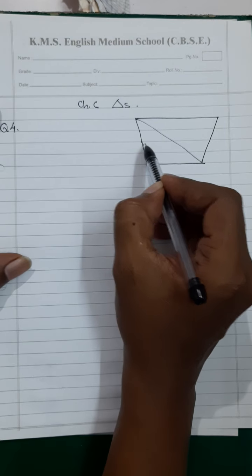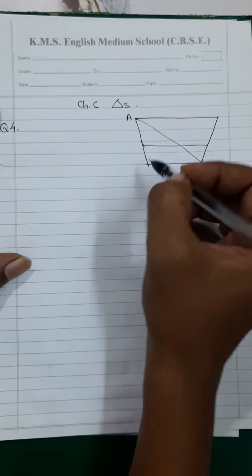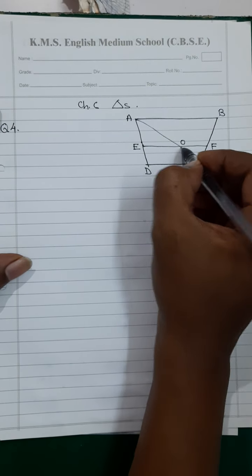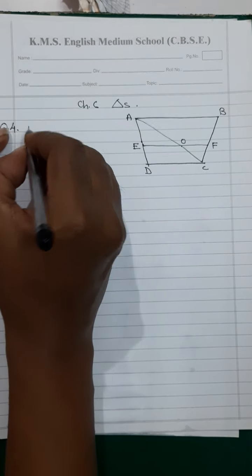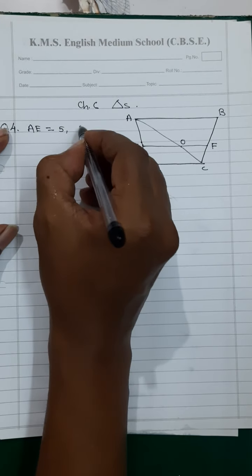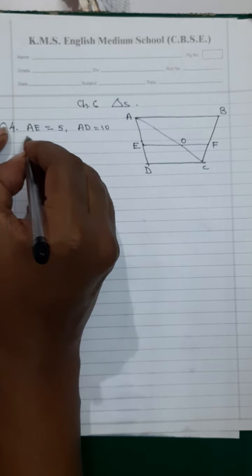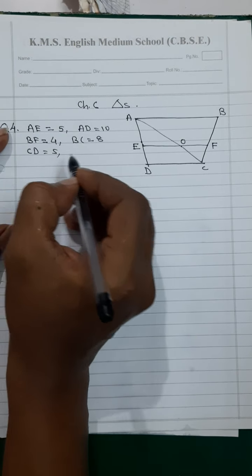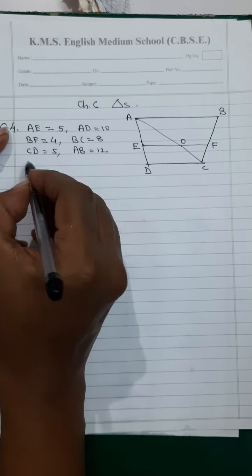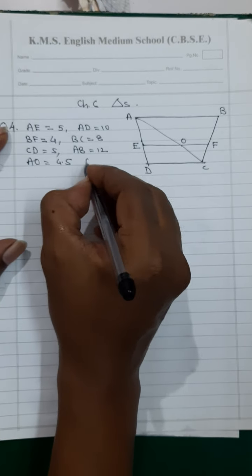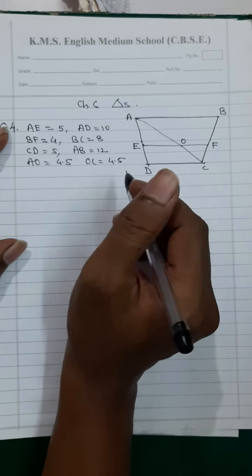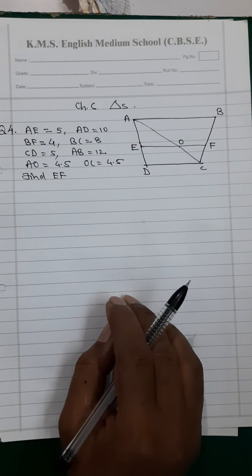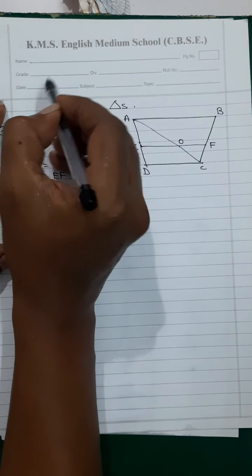Now here this is A, B, C, D, this is E, and this is F, and this is O. Okay, what they have given is in the given figure AE is equal to 5, AD is equal to 10, BF is equal to 4, BC is equal to 8, CD is equal to 5, AB is equal to 12, AO is equal to 4.5, OC is equal to 4.5. Both are equal. Find EF.